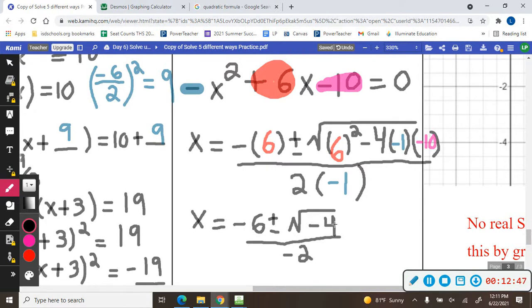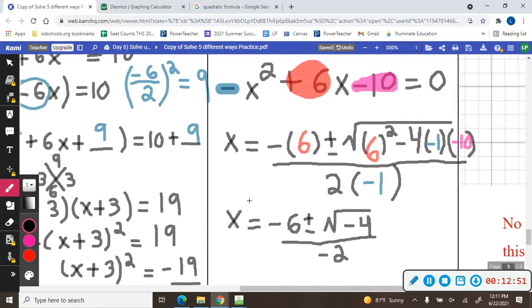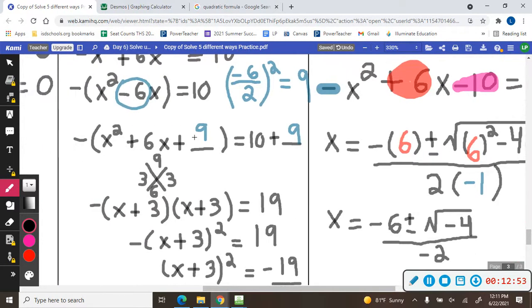Now, I just now realize that I'm not going to get the same answer I did before. And I see why. When I added 9 to both sides, this was actually a -9. So because the negative distributes to the 9, I should have put -9. And 10 plus -9, that should have been a 1.